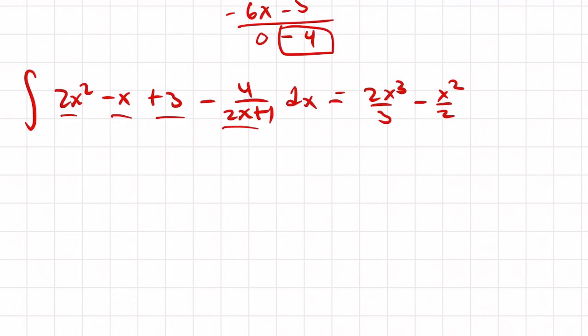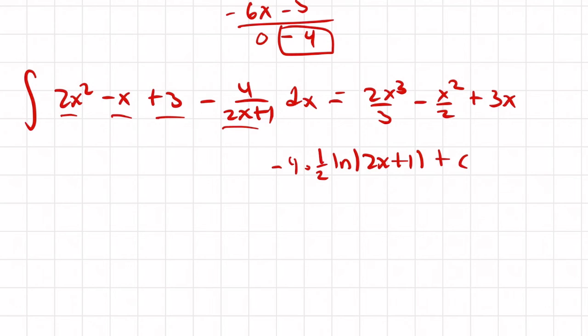The integral of 3 is just 3x. And the integral of negative 4 over 2x plus 1 gives me negative 4 times 1/2 natural log of 2x plus 1 plus c.